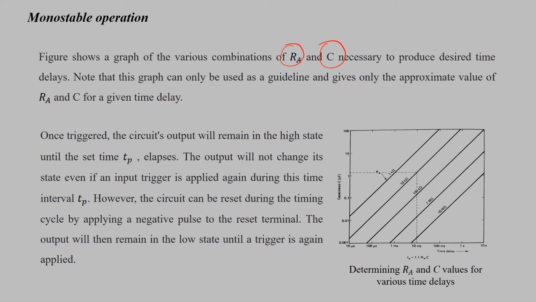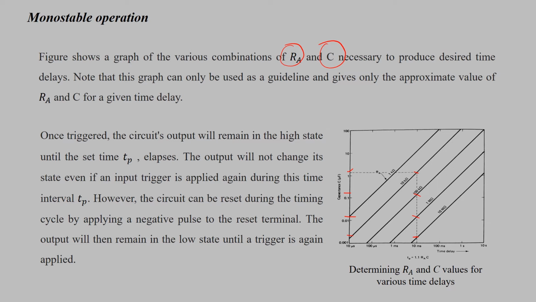In this graph we can see that for a time delay of 10 milliseconds we can use this much R and this much C, or this much R, this much C, or this, you can see here. So this gives only the approximate value of Ra and C for a given time delay.